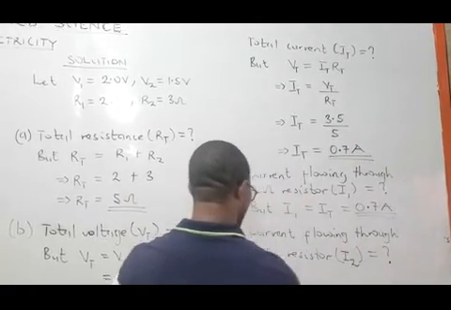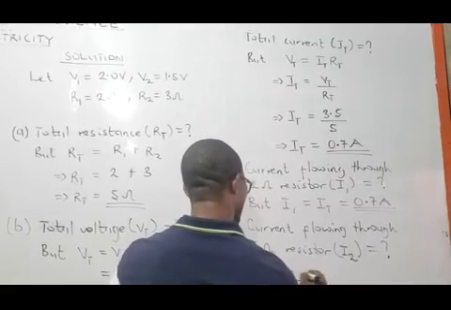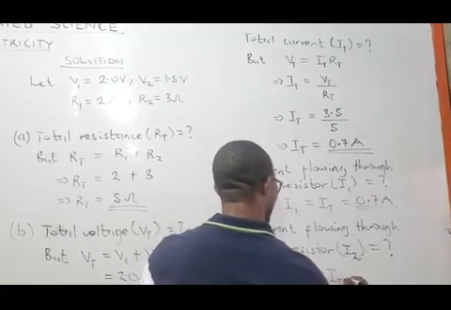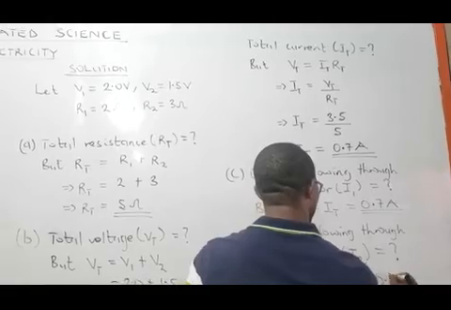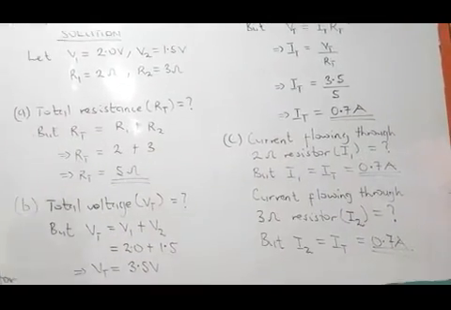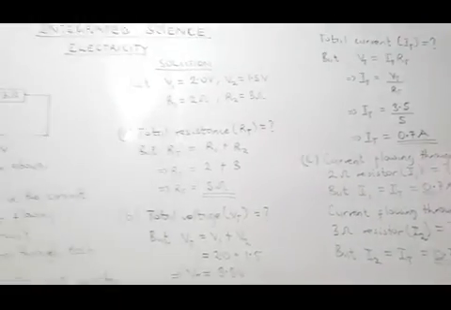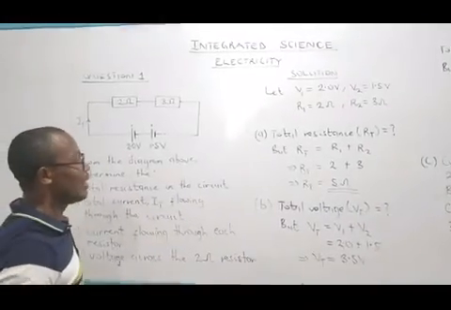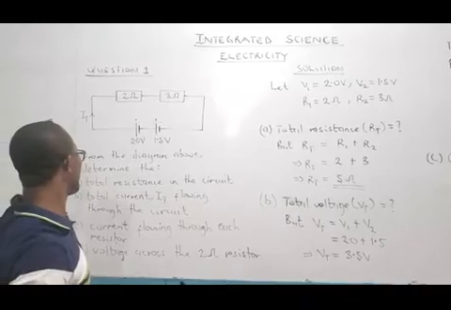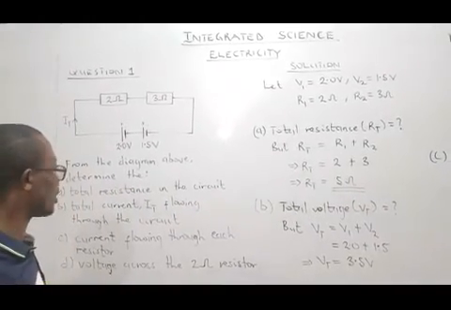I'm saying that your I2 is also equal to the total current IT. So that is also 0.7 amperes. Okay. So the current flowing through each of the individual resistors is the same as the total current flowing through the circuit.